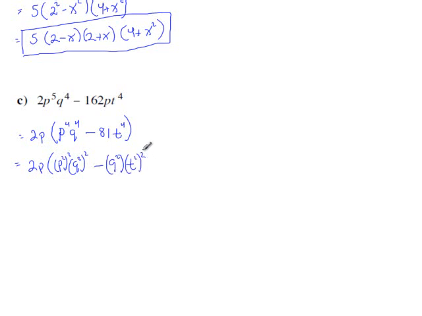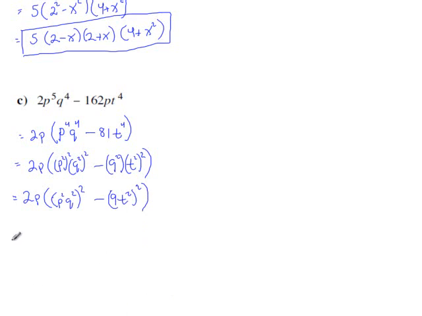So I'm just trying to write everything in the format of something squared. I can rewrite this more neatly as 2p times p squared q squared in brackets squared minus 9t squared in brackets squared.